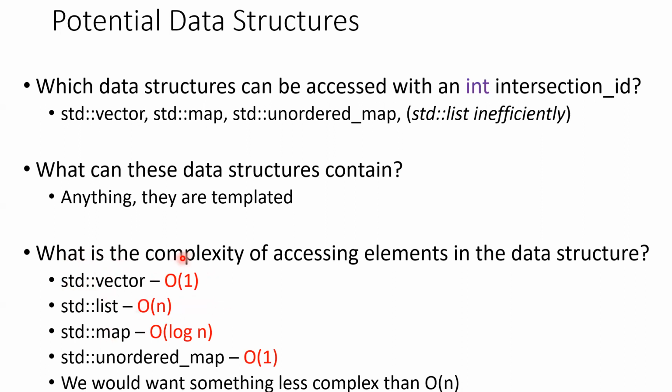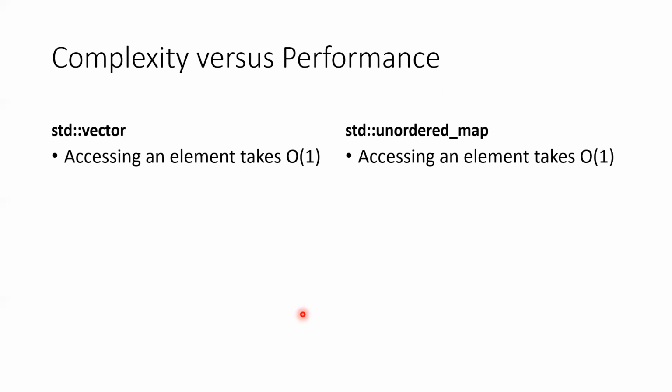Vector, we can access anything in O(1) time, list O(n), map O(log n), and unordered map O(1). We want something that's less complex than O(n). So it's either going to be vector or unordered map.